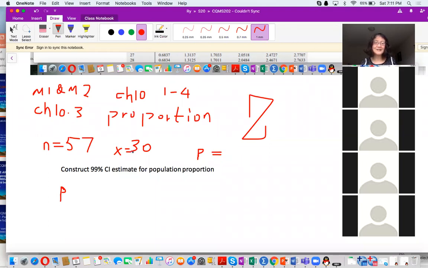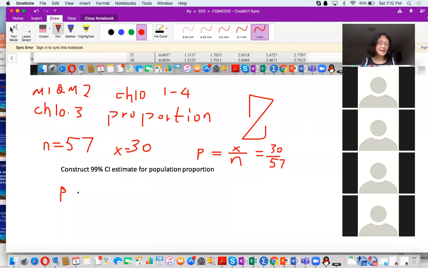In this situation, X represents the number of students having part-time jobs. So you understand N and X. P is sample proportion, X over N, equal to 30 over 57. That is P, sample proportion.